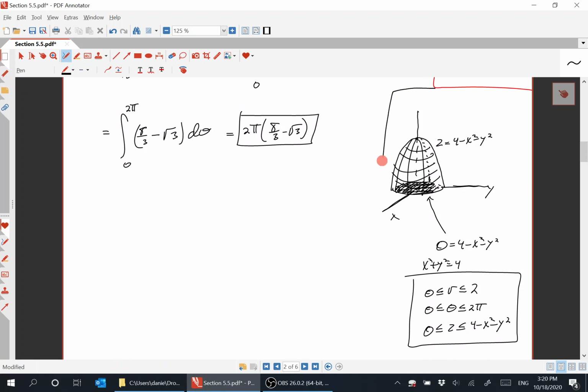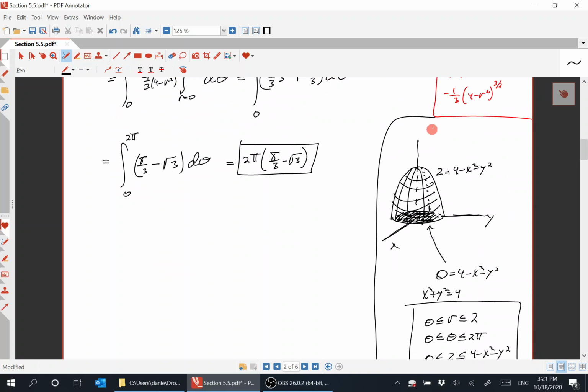So this was a region used in a problem, let's see what it was.